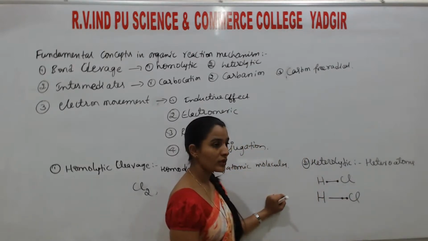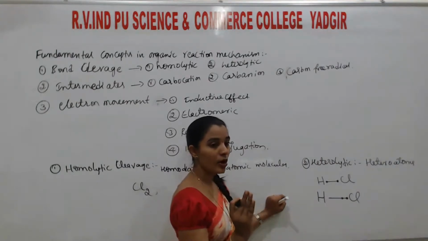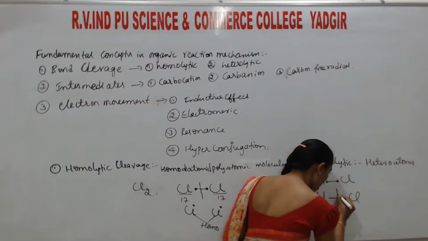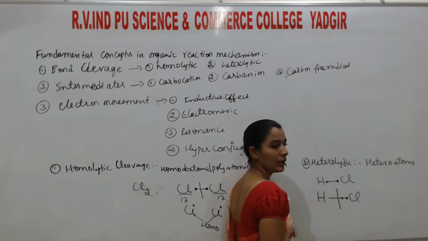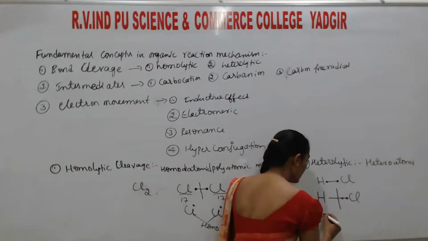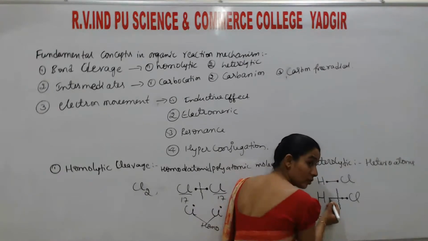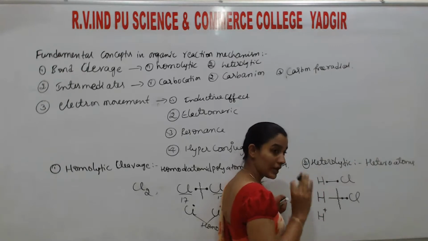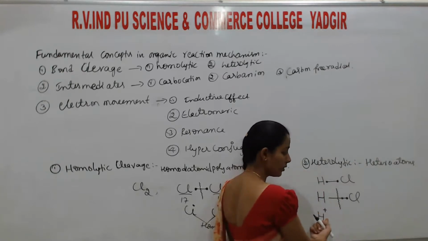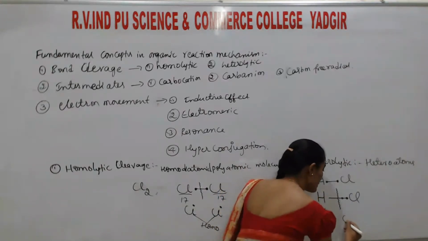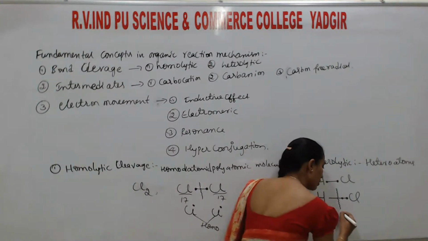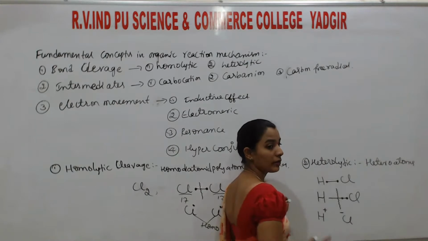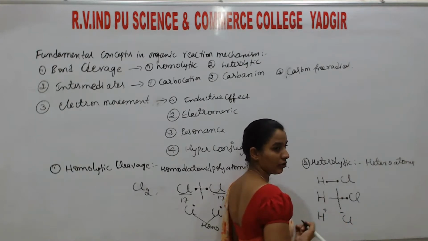Then what happens, students? As I told you, the bond cleavage takes place exactly at the middle. So if the bond cleaves at the middle, then here there is no electron. No electron means plus charge. Loss of electron, one less electron, so plus charge. Here Cl has an extra electron, that is minus charge. Minus represents extra electron.